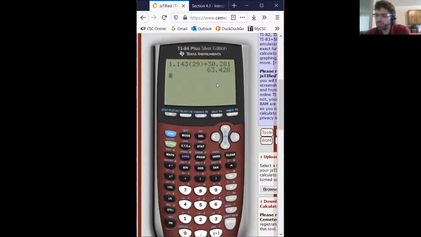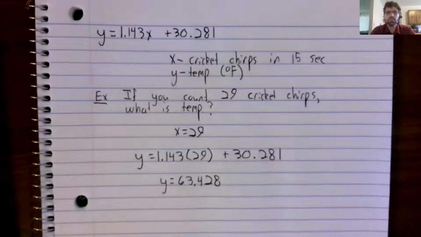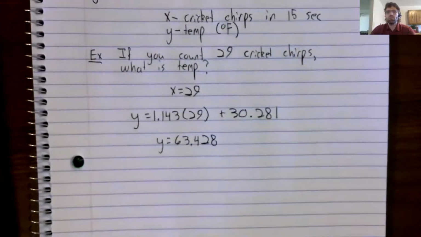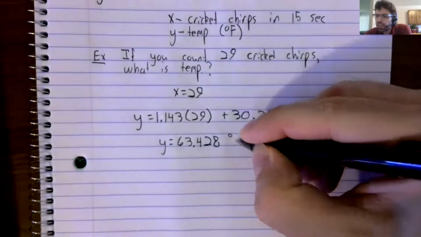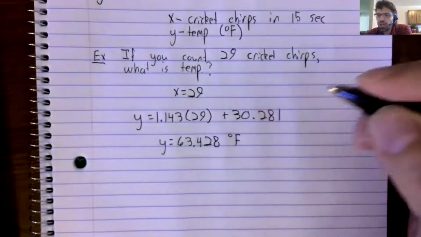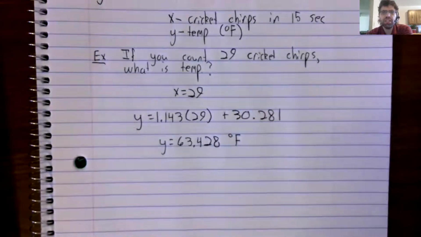Enter. Let me jot this down before we go back to the document camera. So if we count 29 cricket chirps, it should be about 63 degrees Fahrenheit.